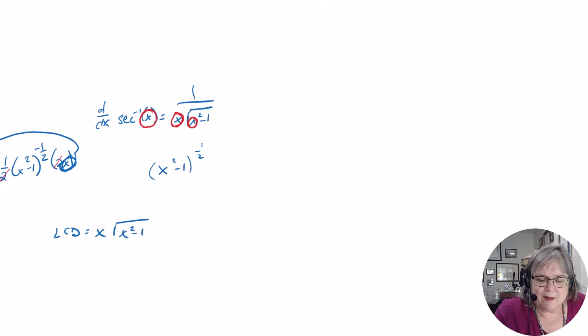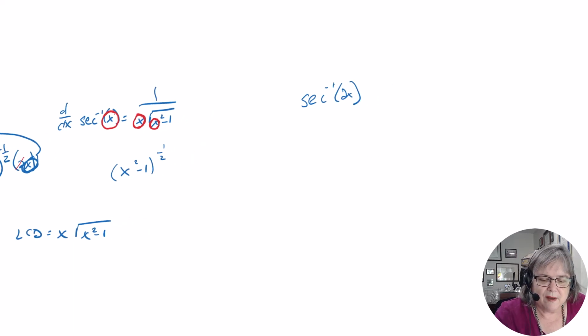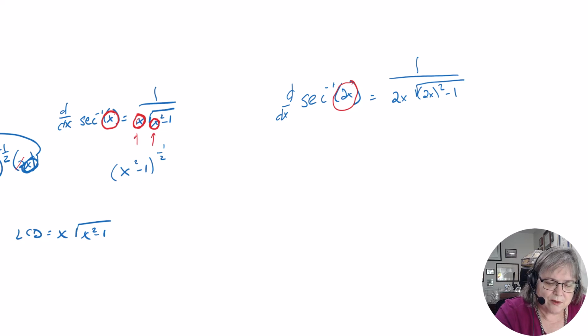If this had been the inverse secant of, let's say, 2x, and you wanted to take the derivative of that, then it would be 1 over 2x square root of 2x squared minus 1, because you're going to put your 2x where this x is and the other x is, everywhere you have this little circle.